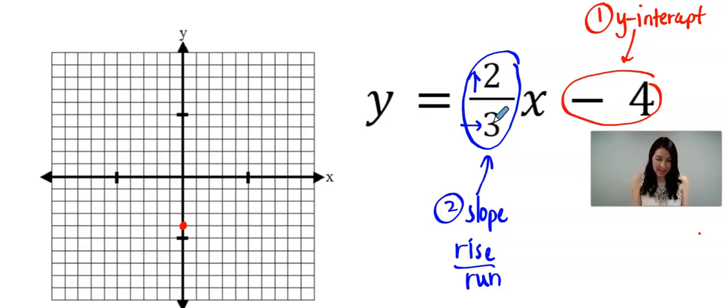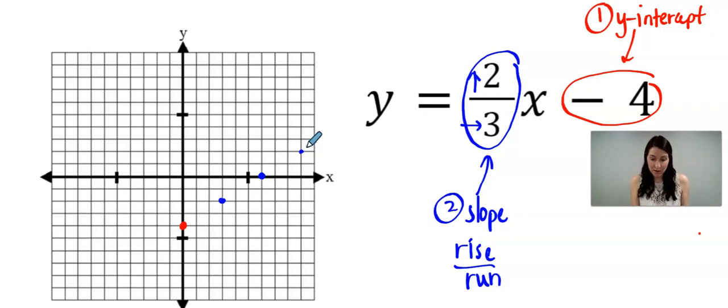So let's go down to the -4, and then I'm going to use my slope of up 2 and right 3 to get to my next point. I'm going to put some more on the graph just so I have a really nice, accurate line. So up 2, right 3, and keep going until I can't go that direction anymore. Now, I need to go down the other way. And you may think, but wait, the slope is a +2 over +3.